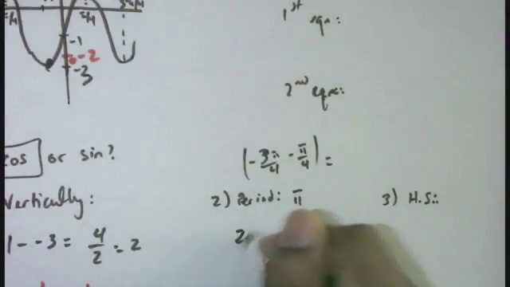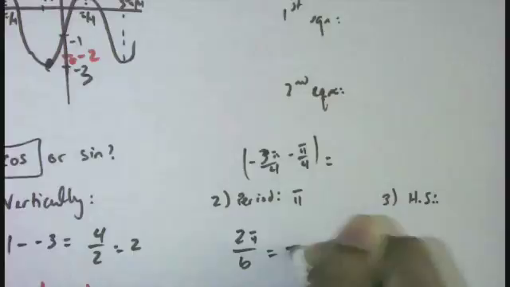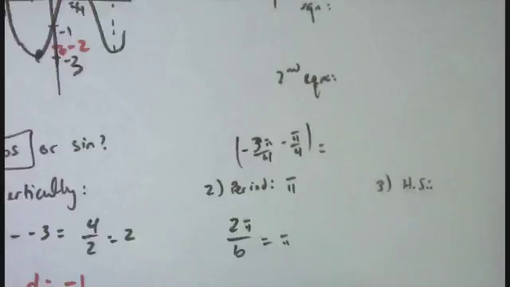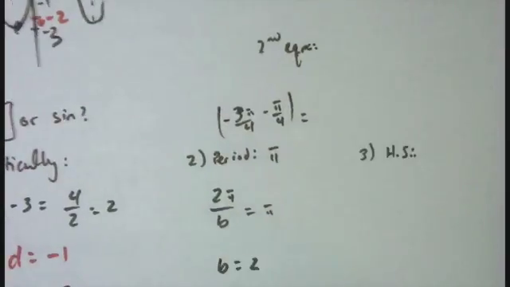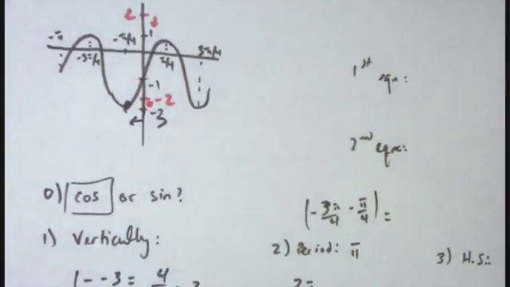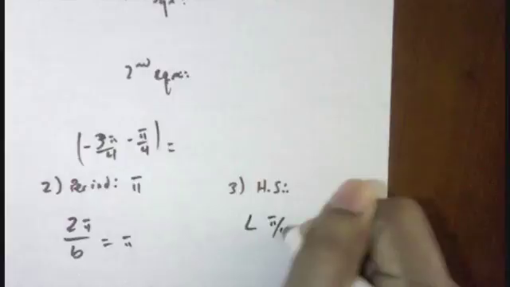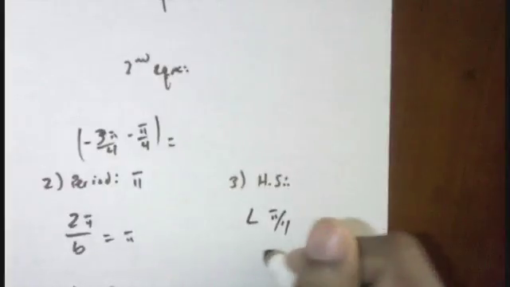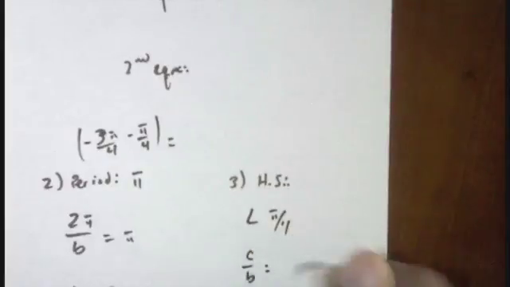My job is to solve for b, which means b has to be equal to 2. My horizontal shift, I move my graph to the left pi over 4 units. Because I moved the graph left pi over 4 units, my c over b value is going to be equal to a positive pi over 4.